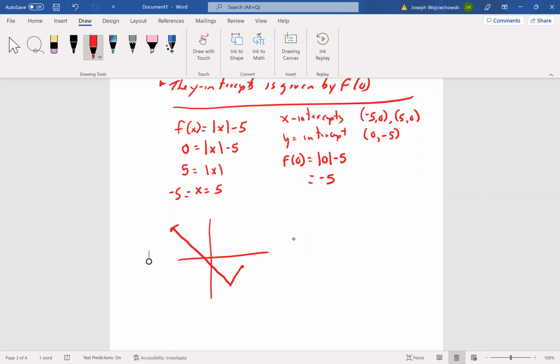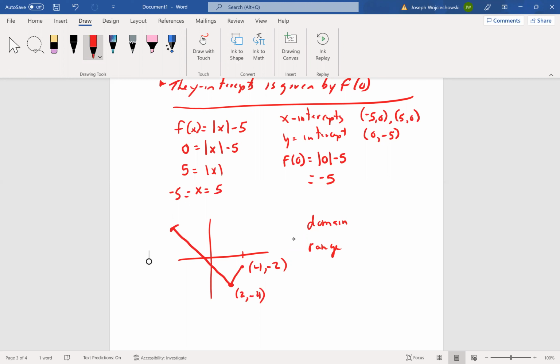This point here is 4, -2. This point here is 2, -4. What is the domain? And what is the range? And we'll use interval notation for this. Okay, so the domain is all the x values.